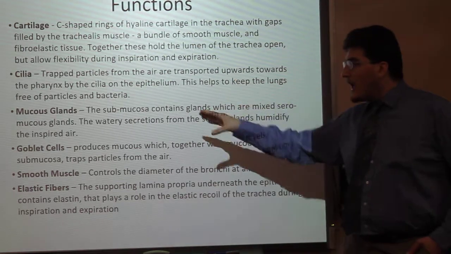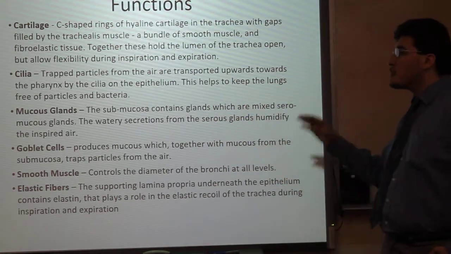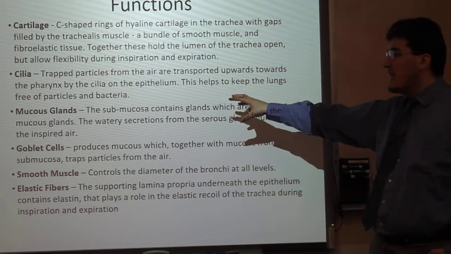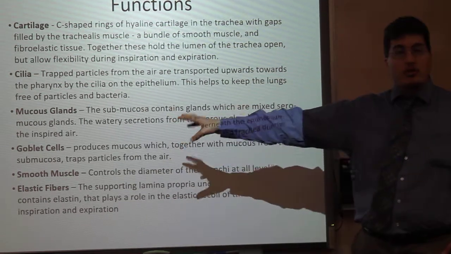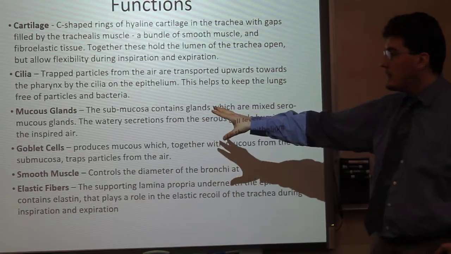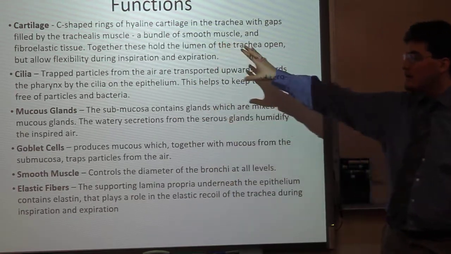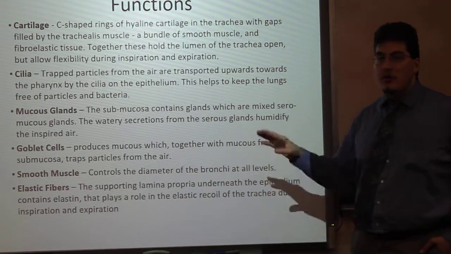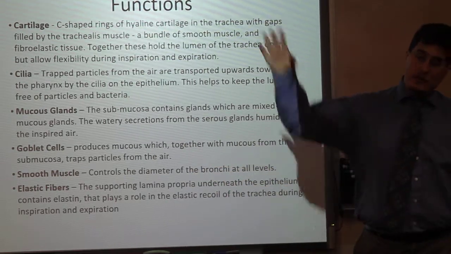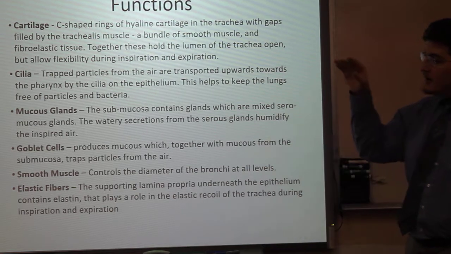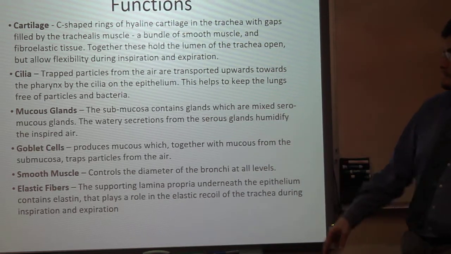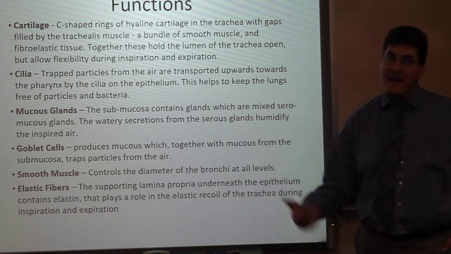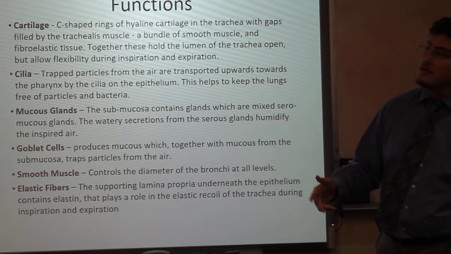My mucus glands and my goblet cells were working together, humidifying the air for those mucus glands, and the goblet cells secreting sticky, thick mucus to trap those particles. The smooth muscle was controlling the diameter of the bronchi at all levels, from trachea to bronchi to bronchioles. And I had elastic fibers throughout, allowing elastic recoil of the lungs.